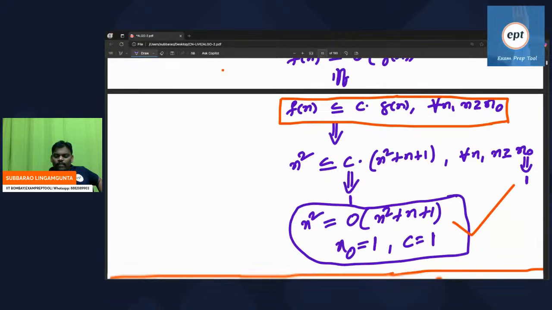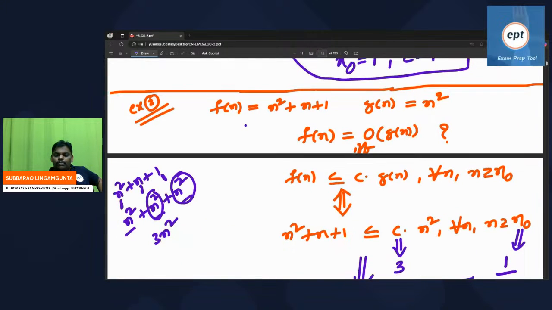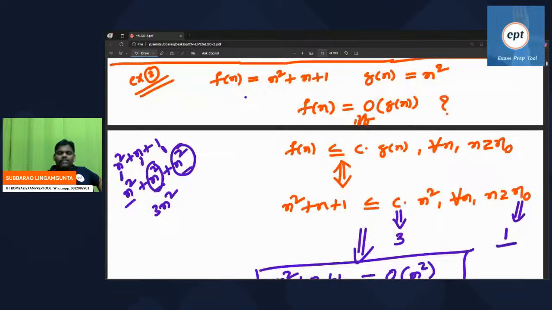Let me know if anyone has any objection. The second example of big O notation is also done.